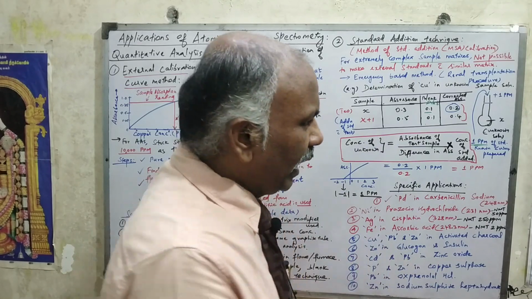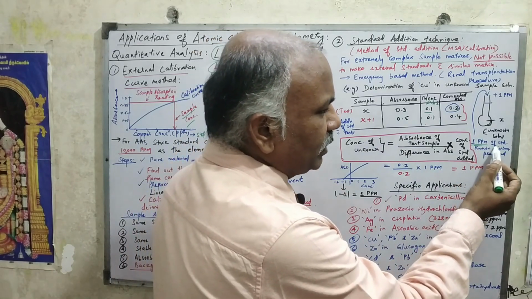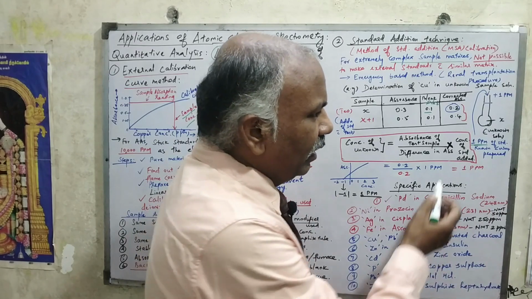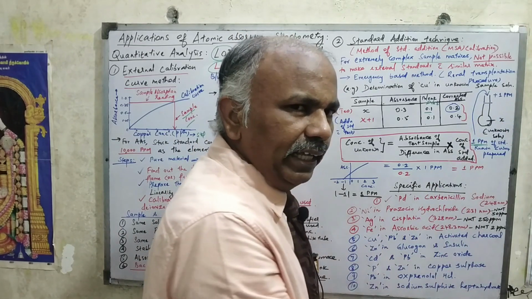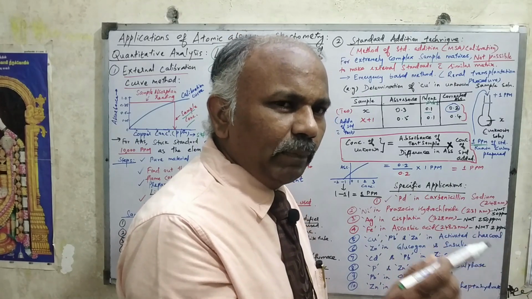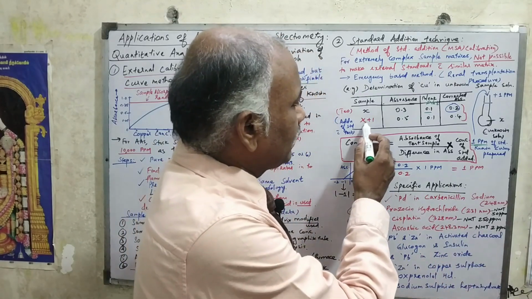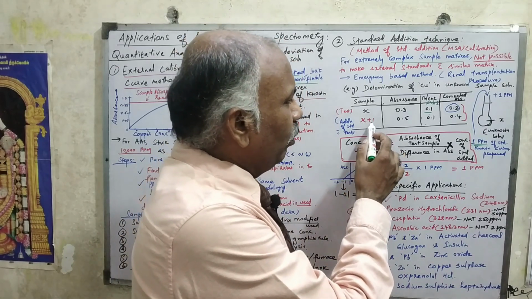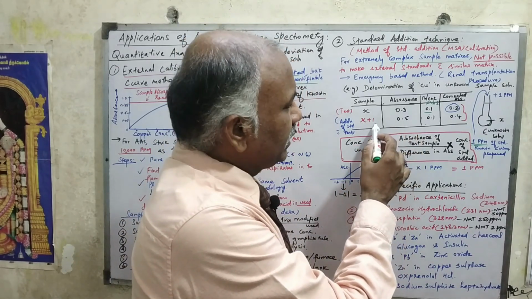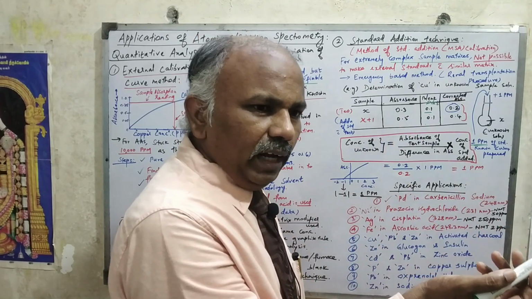So we are adding a minute quantity of 1 ppm standard known copper sulfate, and a minute quantity of this 1 ppm solution I am adding to the same container. When I add this, what will happen? The container concentration will become x plus 1 ppm. Do you agree or not? Now I have to check the absorbance reading for this in the flame atomizer.